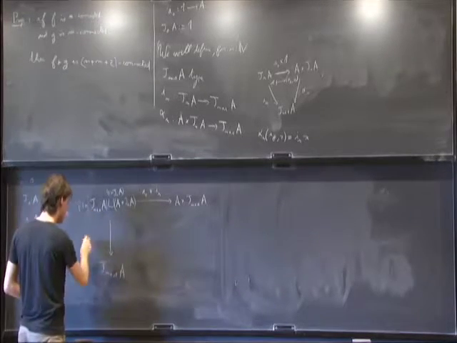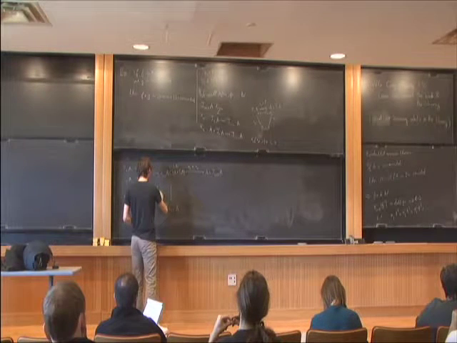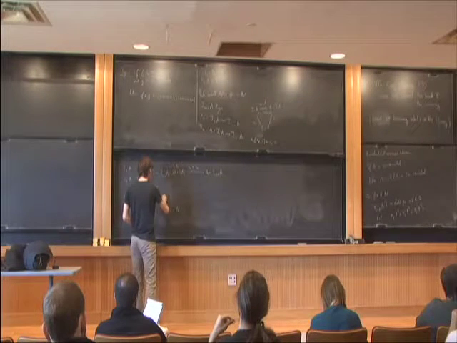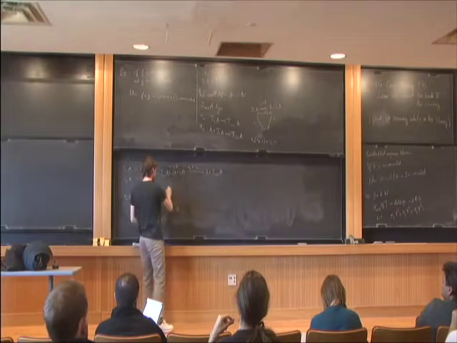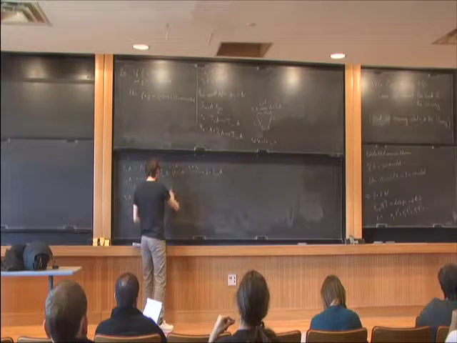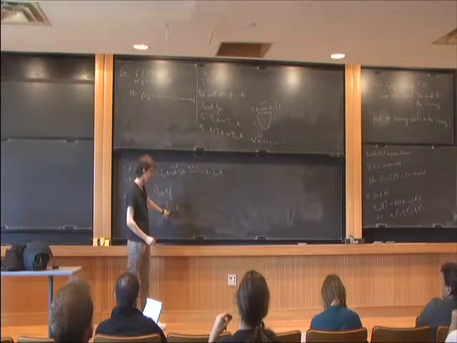On the first component, you just take the identity of j n plus 1 of a. On the second component, you take the alpha n, which is the action that goes from a times j n of a to j n plus 1 of a.